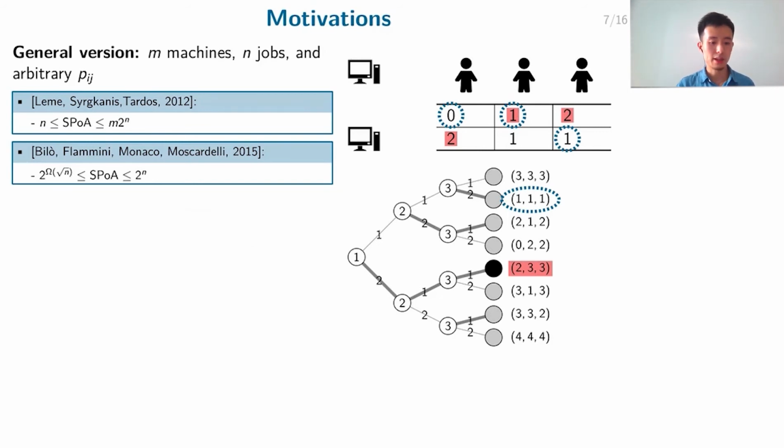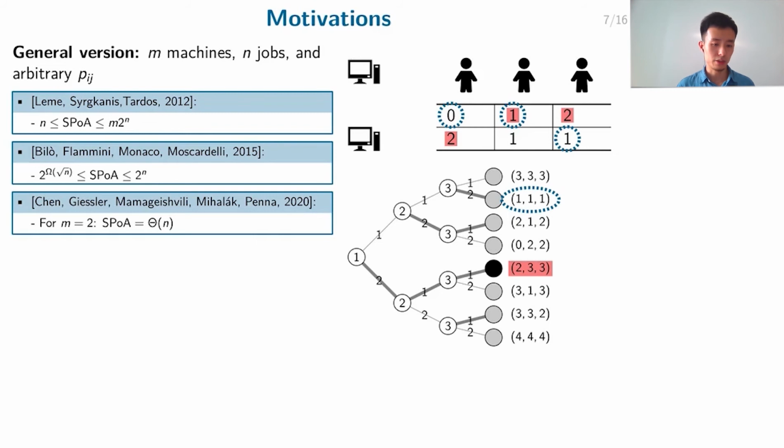As one can see, the SPOA is extremely large, meaning that the equilibrium is very bad in the scheduling game. Recently, a study shows that even for 2 unrelated machines, the sequential price of anarchy is already very bad. It grows linearly with n.